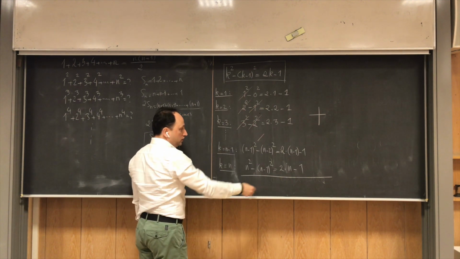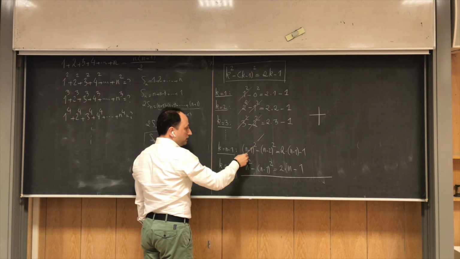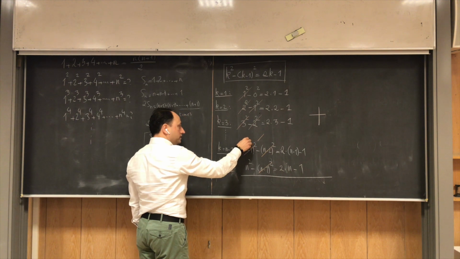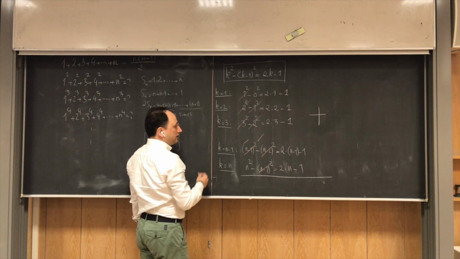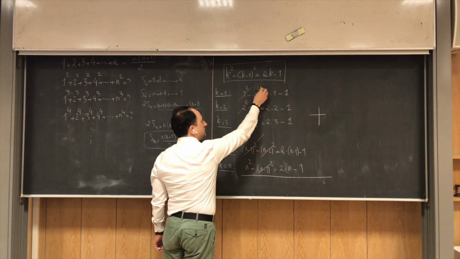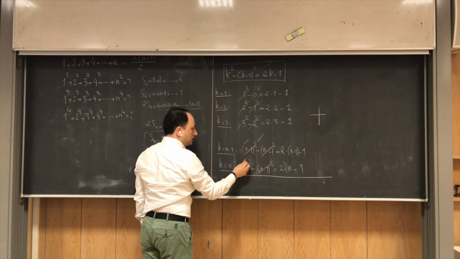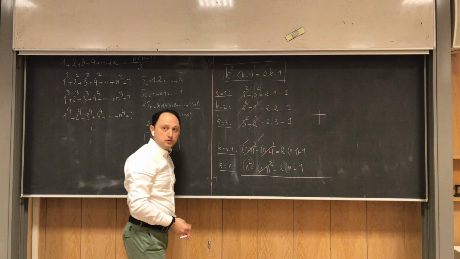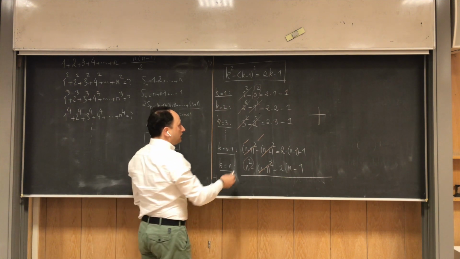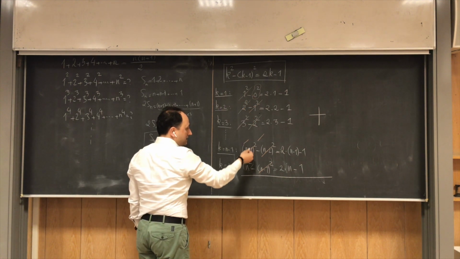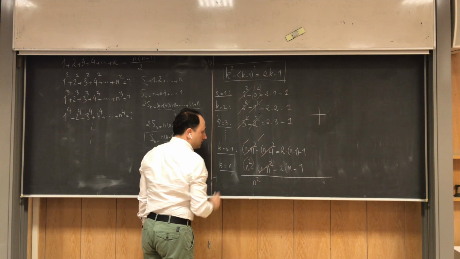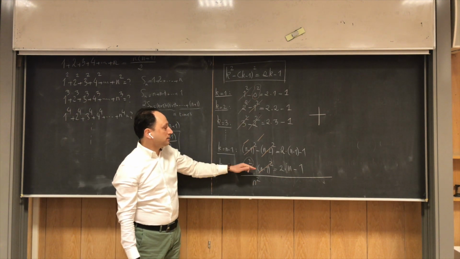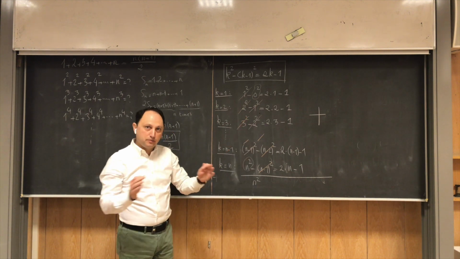And if you continue in this way, this will be cancelled by that one. This is already cancelled with what is here. And then what is left here, if you see, this is left, and finally this will be left. But this 0 to the 2 is just 0, so we don't need to bother. From this list, only n squared survives, yes? This kind of sum is called a telescopic sum, yes?